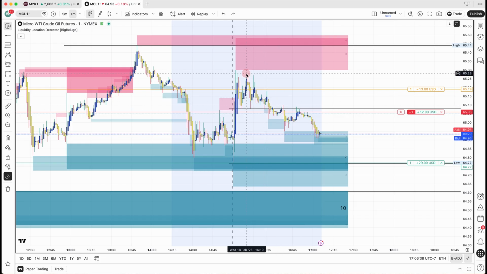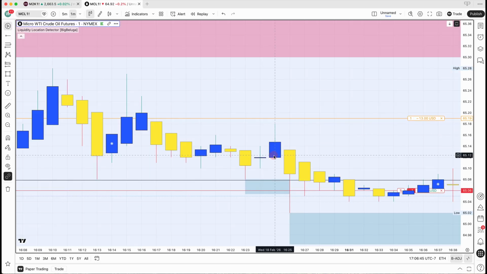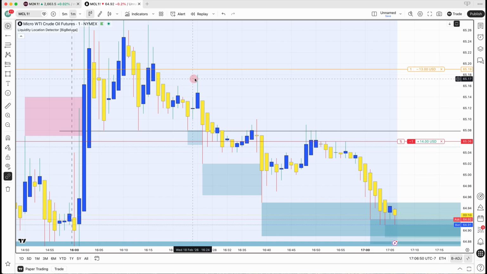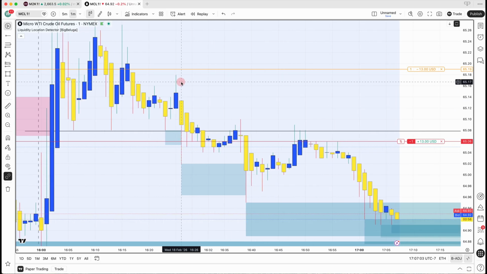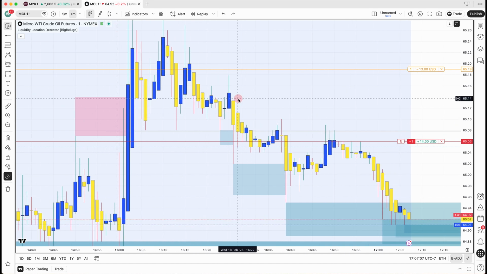I'm going to zoom in here. I put my stop above that price point. That was the bullish candle that made the most sense in terms of where I should put my stop loss. In other words, price would probably go back up to there.